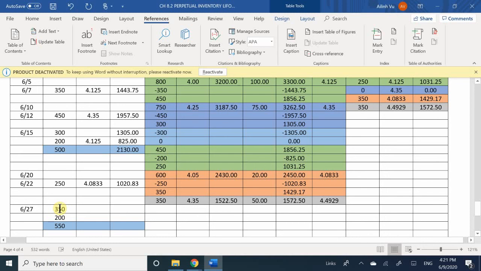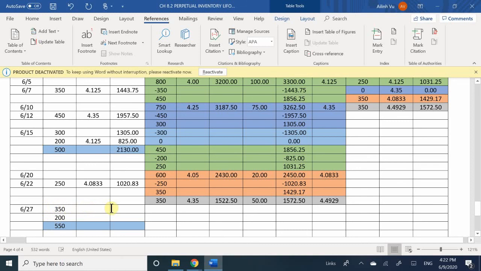We have the 350, and then we've got 250. It should be just 200, because 350 plus 200 is 550.